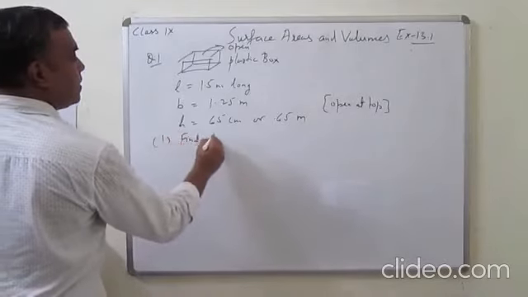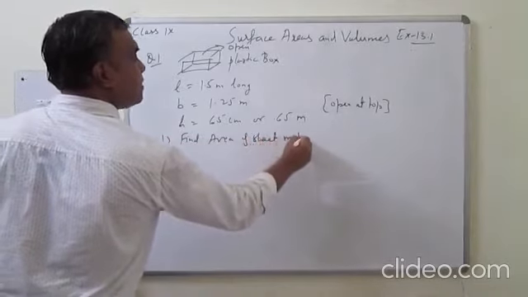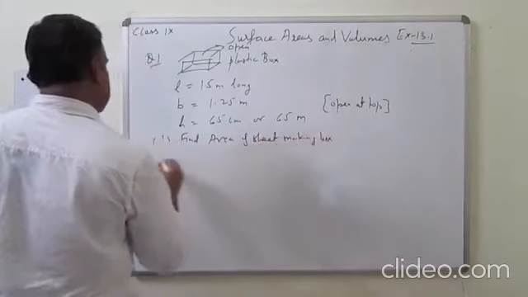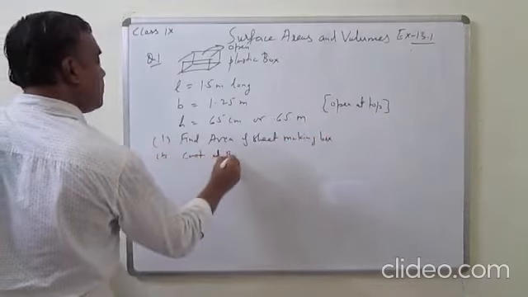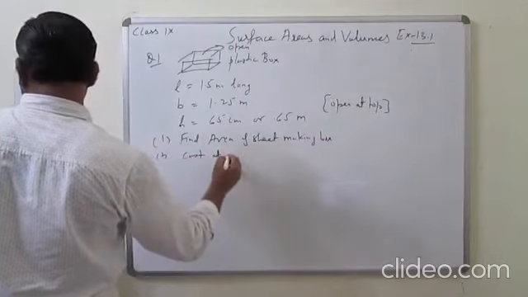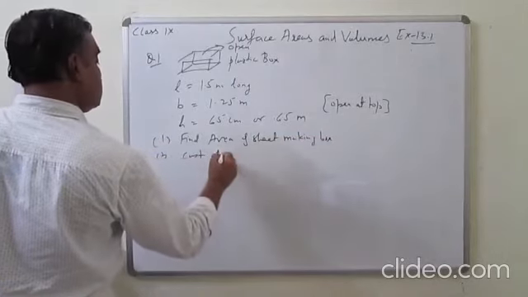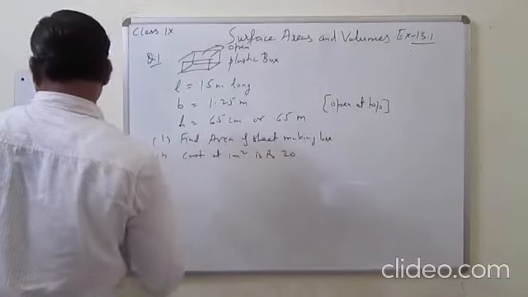Find the area of sheet for making the box. Second, you have to find the cost in rupees. Cost of 1 meter square is rupees 20.